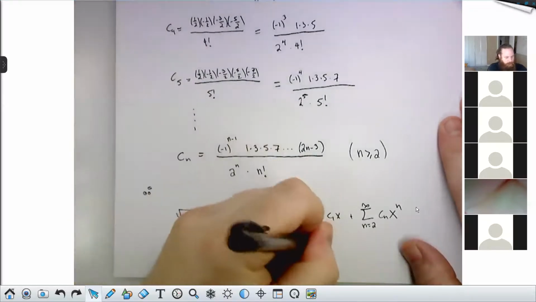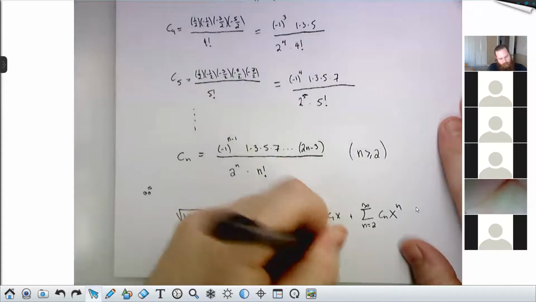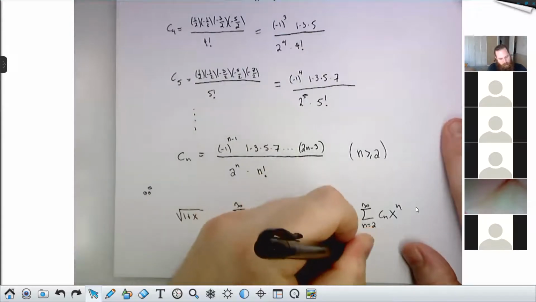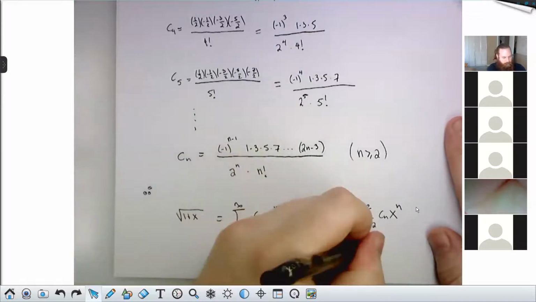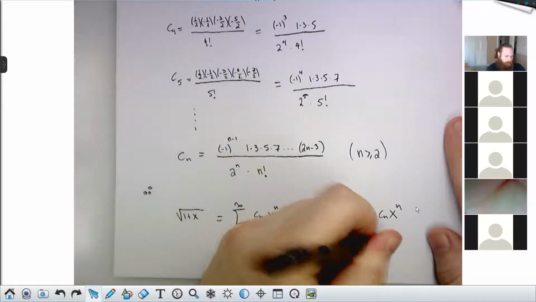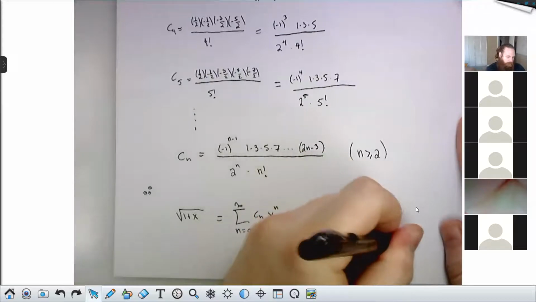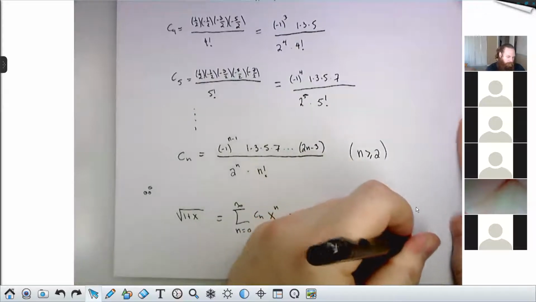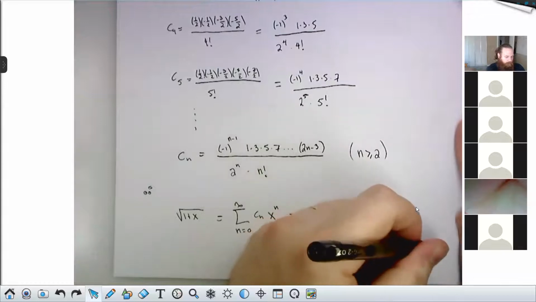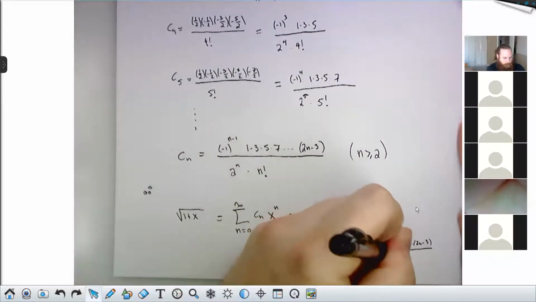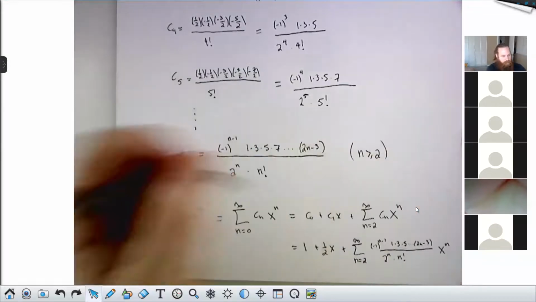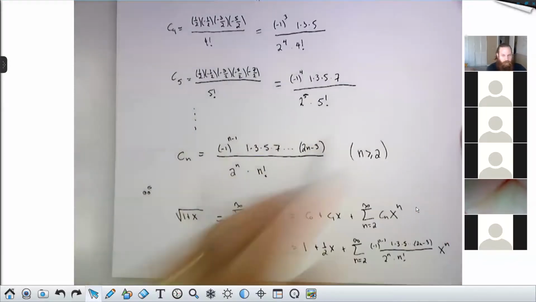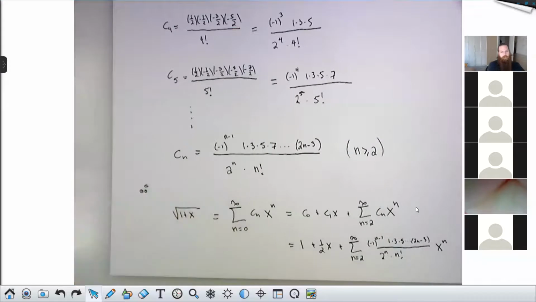C1 was 1/2. And then for n greater than or equal to 2, I can use my formula, which is negative 1 to the n minus 1, 1 times 3 times 5 up to 2n minus 3, divided by 2 to the n times n factorial times x to the n. So this would be what our final answer looks like here.